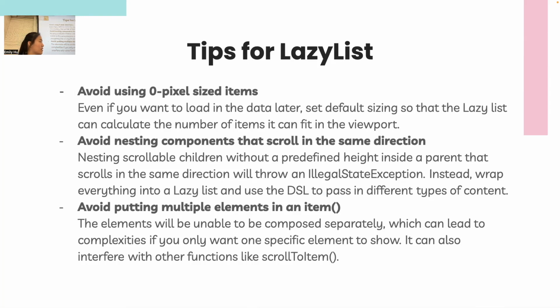Another thing is that Jetpack Compose calculates height and width at build time. So if something starts out initially empty, Jetpack Compose will assume that it has a width or height of 0. And then if you have 0 pixel size items, you'll run into a bug with lazy lists.